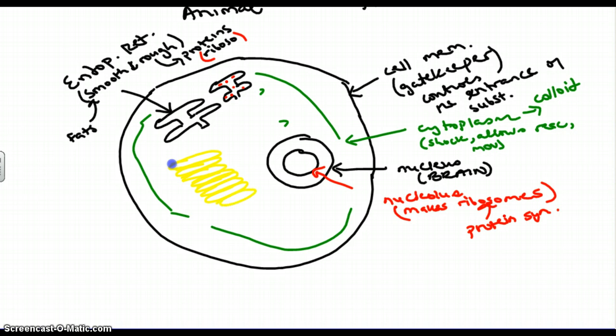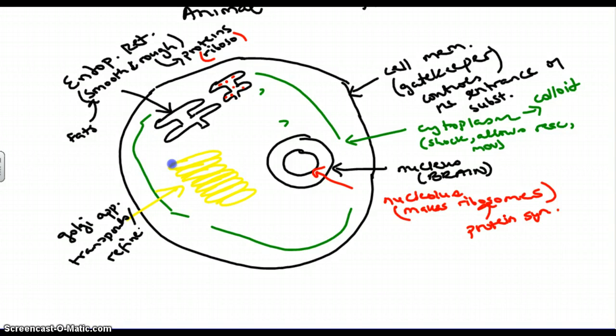What the Golgi apparatus does is it transports and refines molecules.